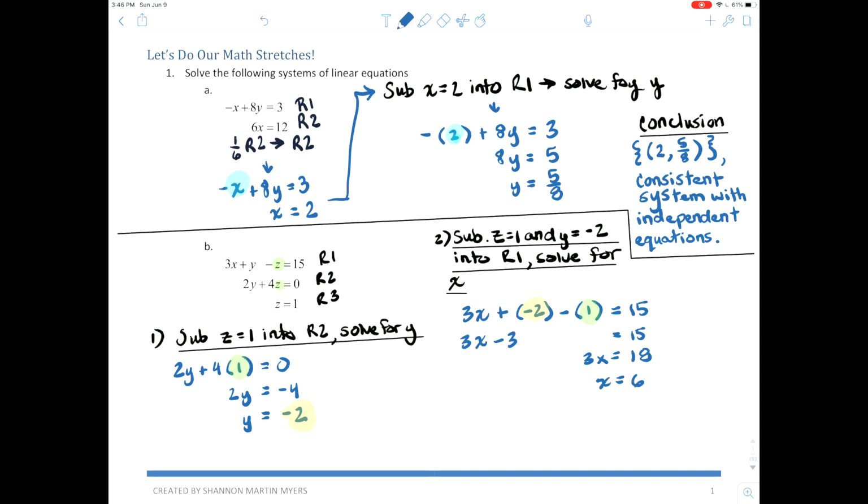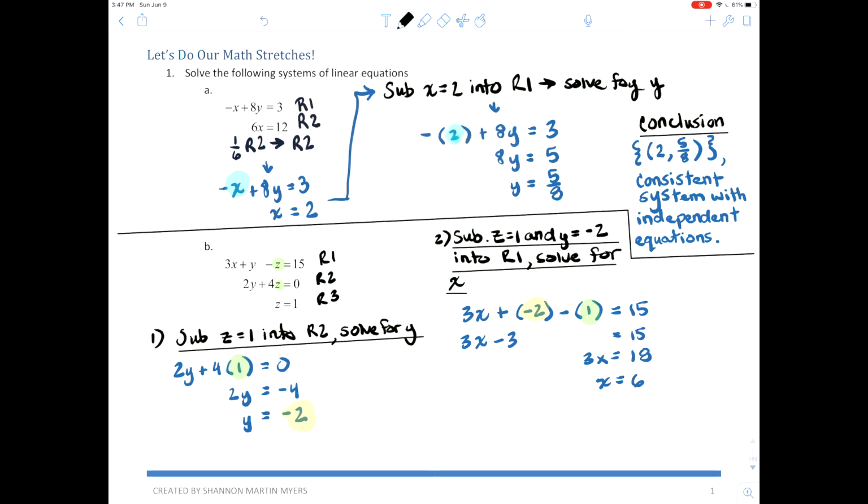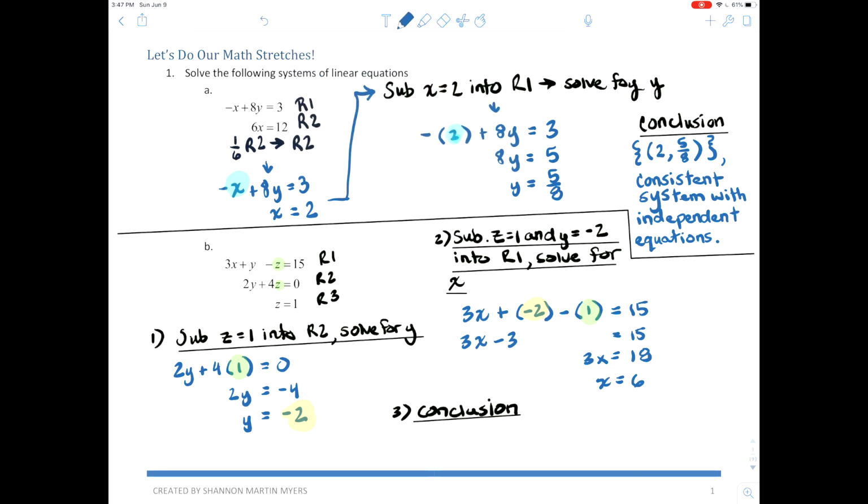Good so far? So, all right, our third step for this one, we want to have again some kind of our conclusion going on. So what does it mean? We got what for our answer? Beautiful, a single ordered triple, right?